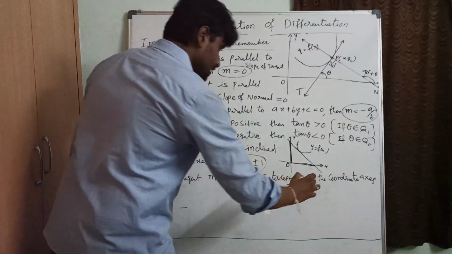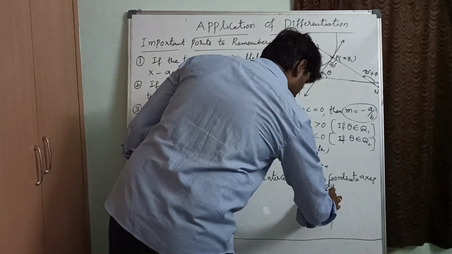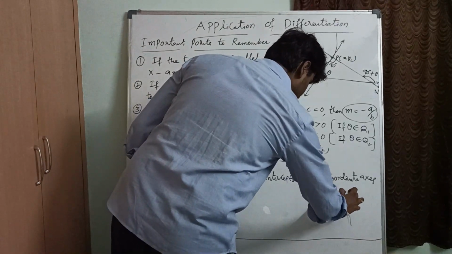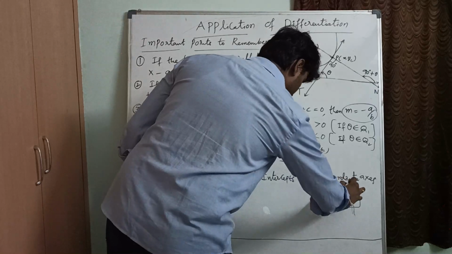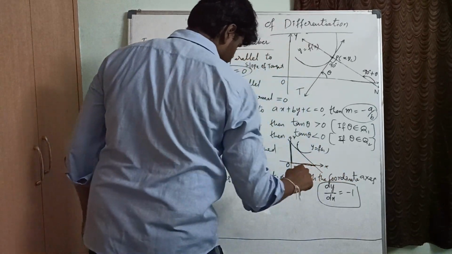Then dy by dx equals minus 1. This is a very important point, which we need to remember.